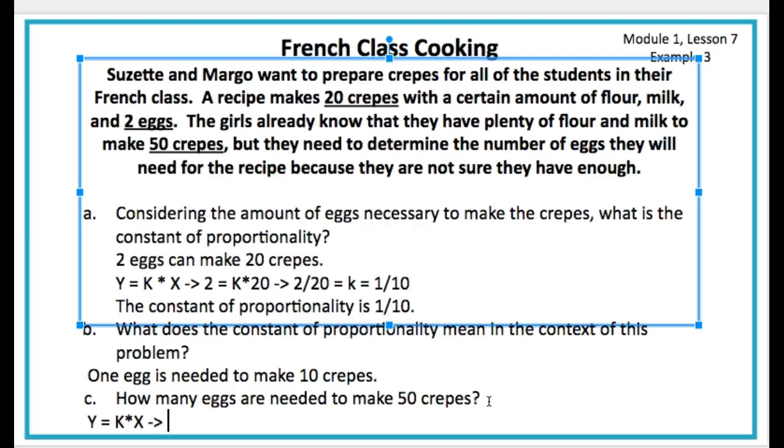We know we need 50 crepes. Sorry, we're solving for y, and we know our constant of proportionality is 1 over 10, and we know we need 50 crepes, which gives us 5. 5 eggs are needed to make 50 crepes.